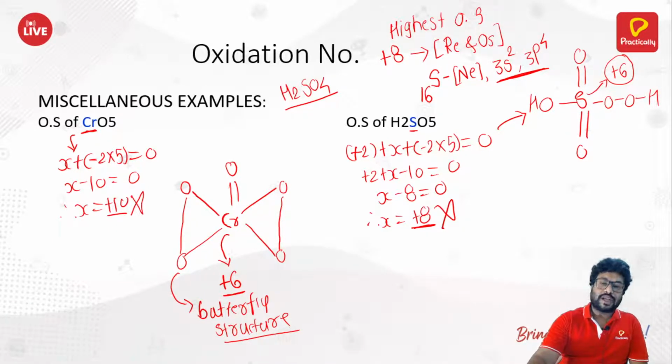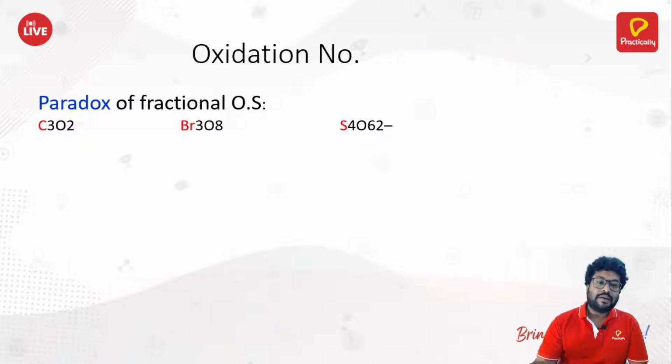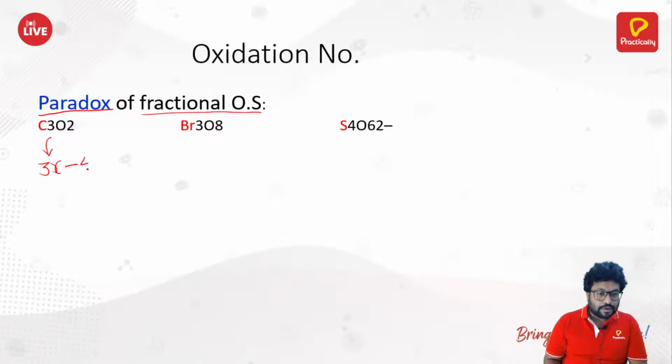Okay, sure. Next, the paradox of fractional oxidation states. What is this paradox? See, C3O2. If you find out the oxidation state of carbon in C3O2, you have 3 carbons, so 3x, and 2 oxygens, each oxygen is -2, so 3x minus 4 is equal to 0.